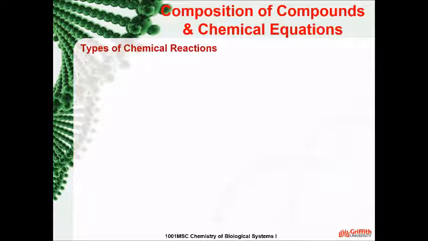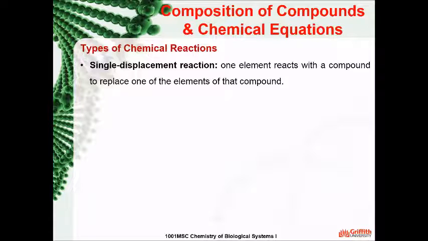Another type of reaction is called displacement, which can either be single or double. In a single displacement reaction, 1 element reacts with a compound to replace one of the elements of that compound.